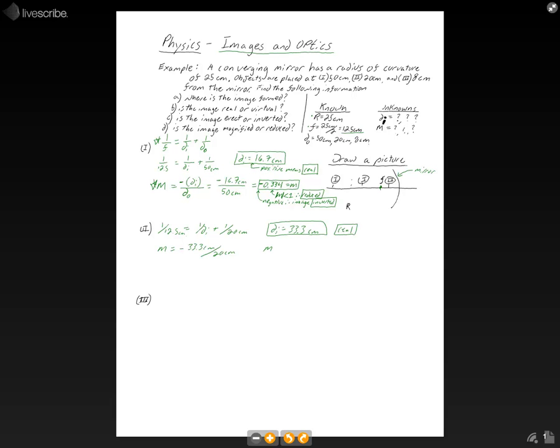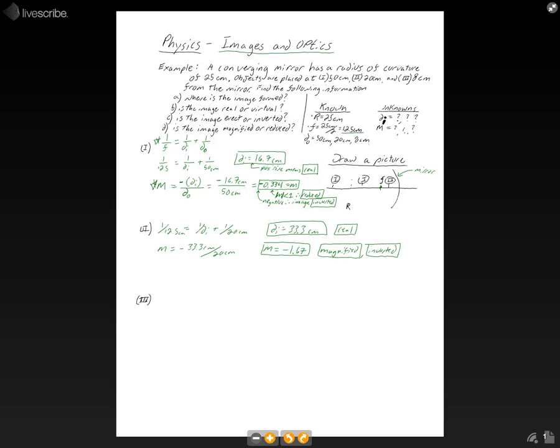When you reduce that down, you get a magnification of negative 1.67. So note that the absolute value of the magnification is greater than 1, which means that the image is magnified. And then there is a negative sign in front of it, which means that it is inverted. So that's it for that one.